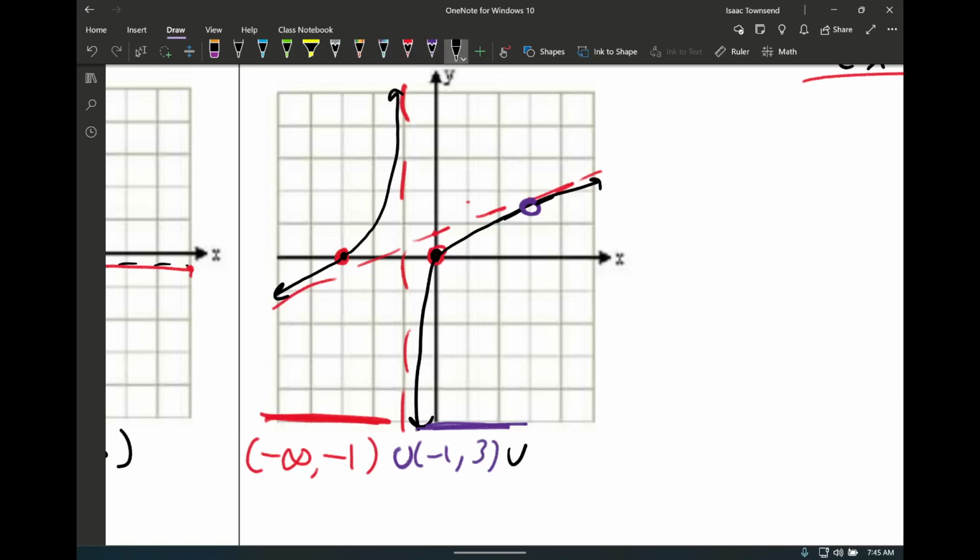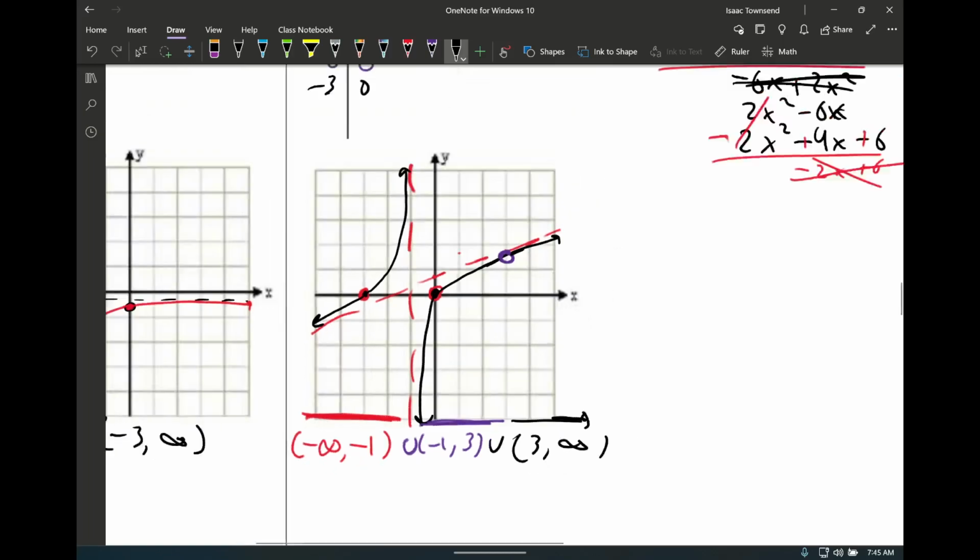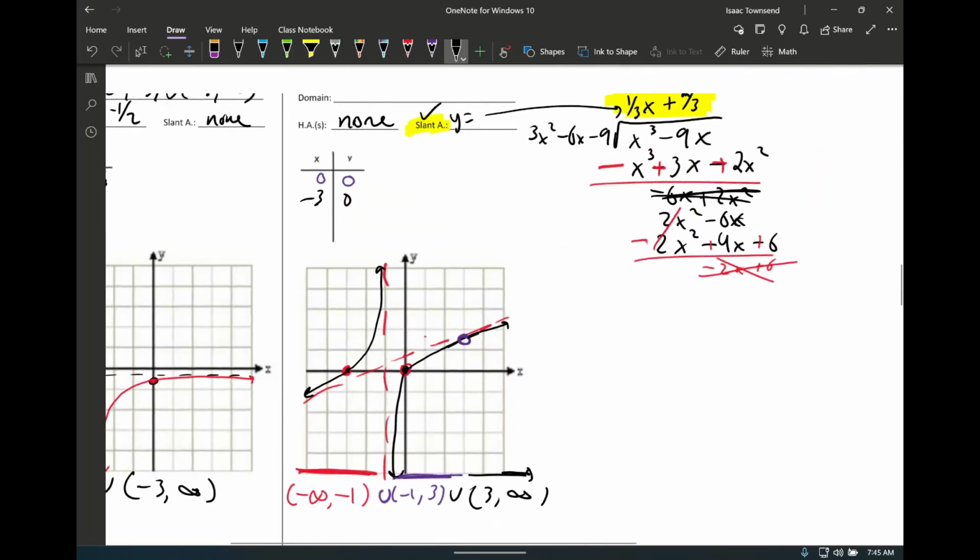But you can't include 3 because x equals 3 doesn't exist. It skips that spot because of the hole. But then it hits 3 to infinity. I'm just concerned that you may not have done that part of the domain. So double check that.